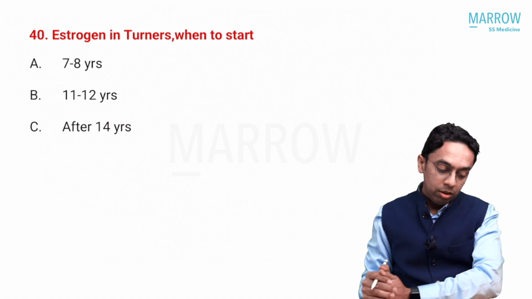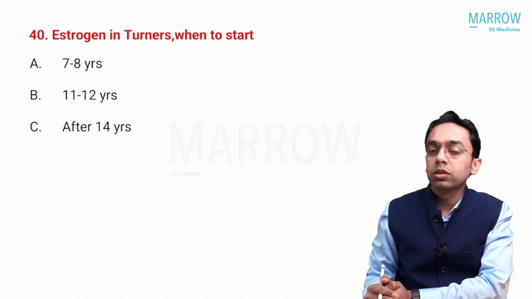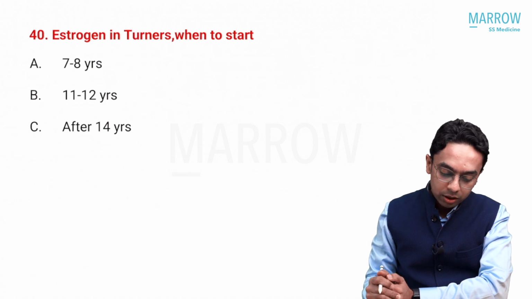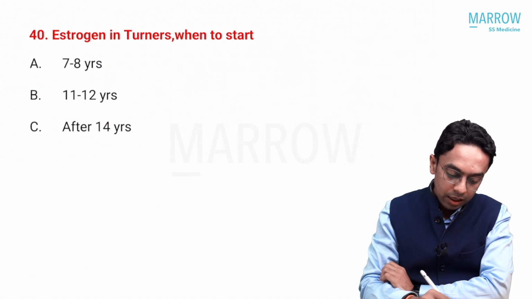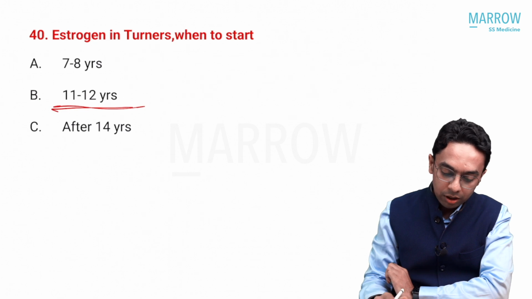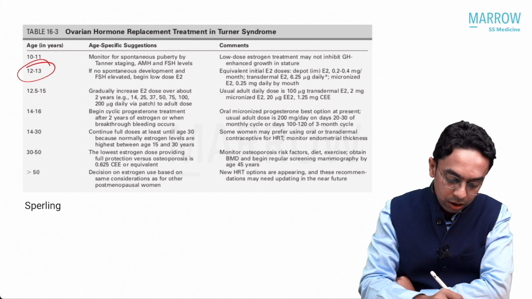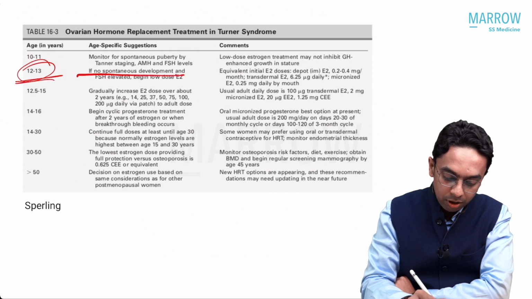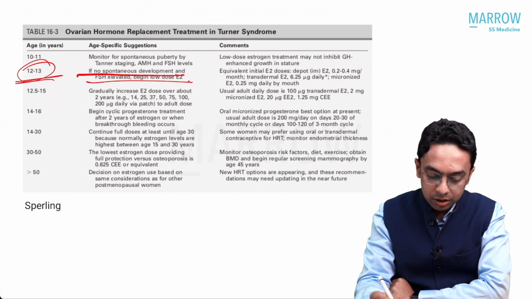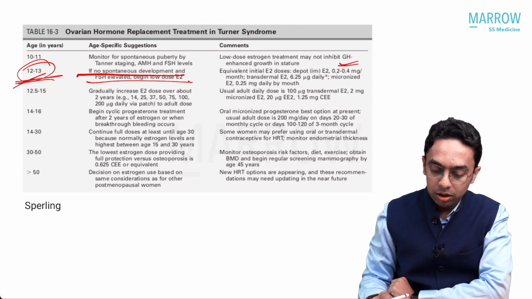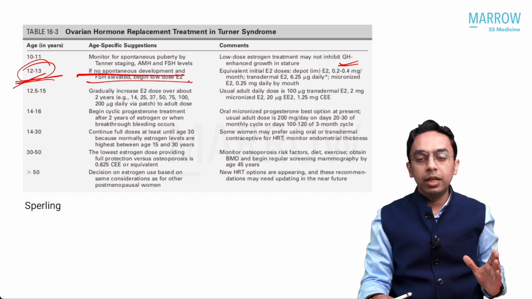Okay, question number 40, estrogen in Turner, when to start? Options are 7 to 8 years, 11 to 12 years, after 14 years. The guideline says beyond 11 years, so 11 to 12 years. This I have taken from Sperling. You will see here that if there is no spontaneous development and FSH is elevated by 12 to 13 years, you have to start the estrogen supplementation.